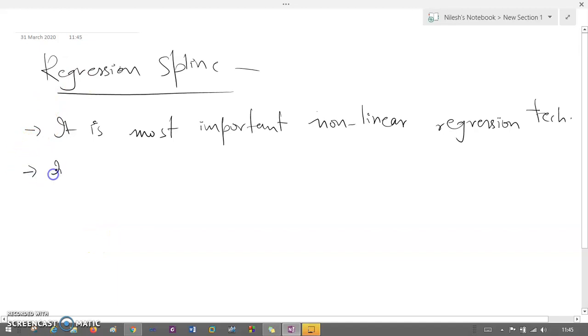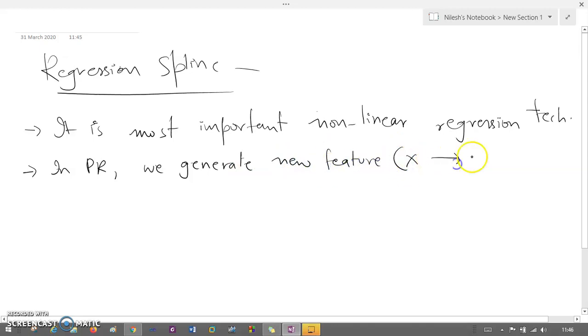In polynomial regression, in PR, we generate a new feature. And how are we generating it? x to x1 square. So this is my new feature by using polynomial regression.